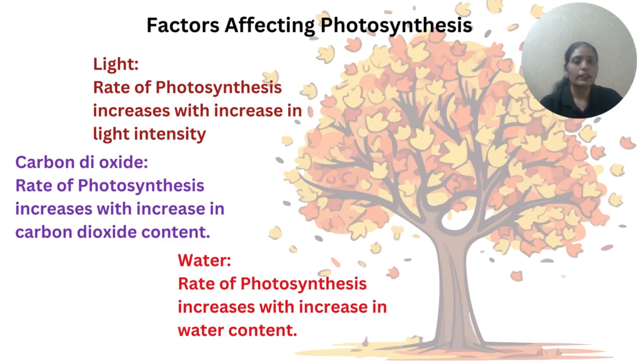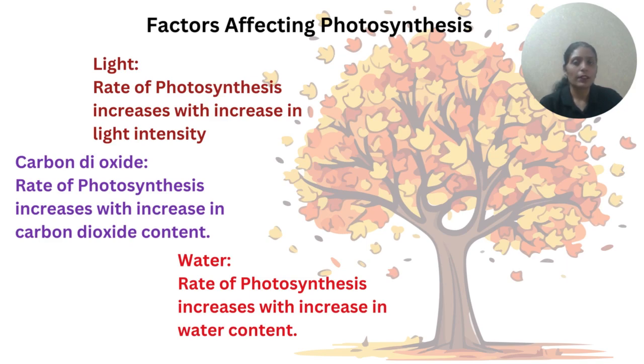For example, sunlight or any other artificial light falling on the plant can help the plant to do photosynthesis. During this time, if we increase the intensity of light, that will definitely increase the rate of photosynthesis.